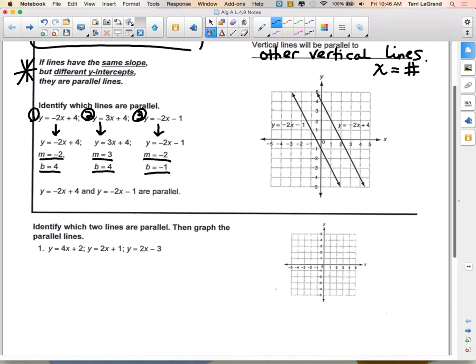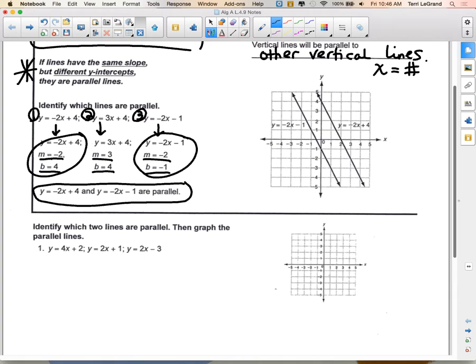After we do that, we're going to say, since the first equation and the third equation both have a slope of -2, and both have different y-intercepts, they're not the same y-intercept, we can say that those guys are parallel. This supports our answers. And then we would graph them, and the graph should prove that they're parallel. Okay?